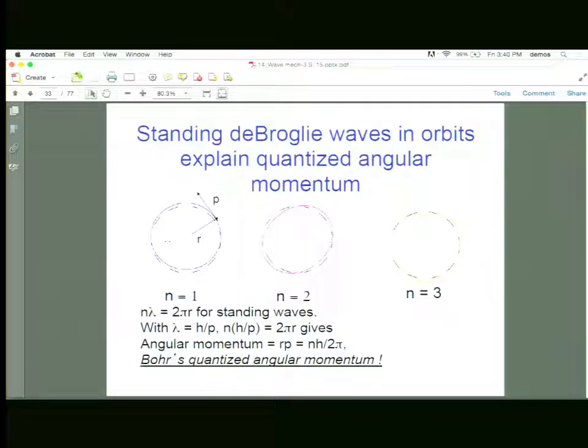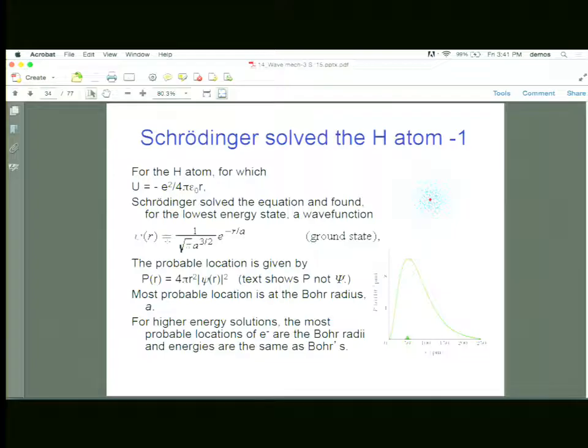So this is the probability that's written in your book. And so if you plotted P of r, when you multiply by 4 pi r squared, well, r squared is 0 at r equals 0. You see in your book, they plot P of r.